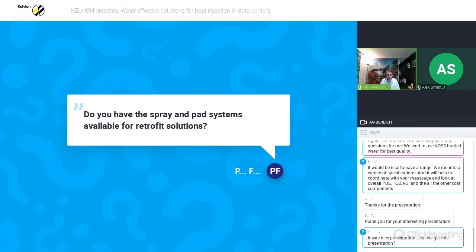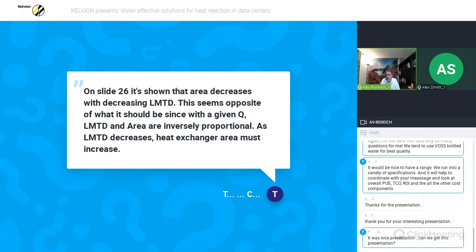Then I would like to go to the next question from Tom Carter. That is right, it's correct. For the plate heat exchanger with the small LMTD, you will increase the area. On the slide, I meant to say it is the area of the dry air cooler.